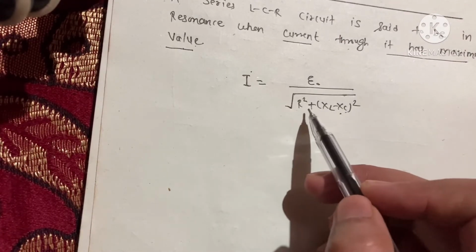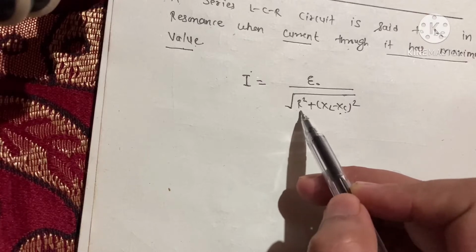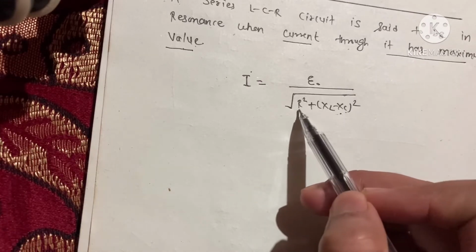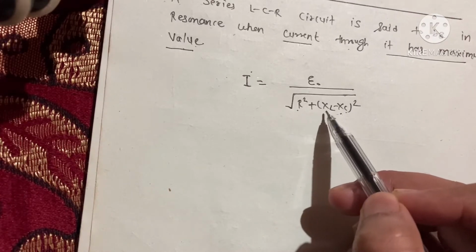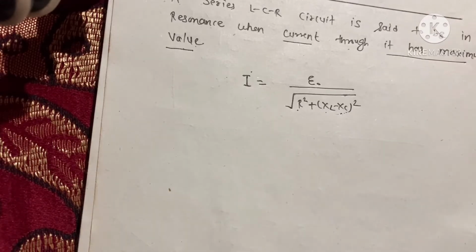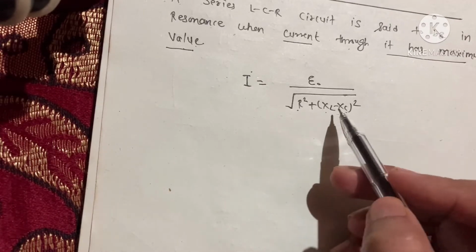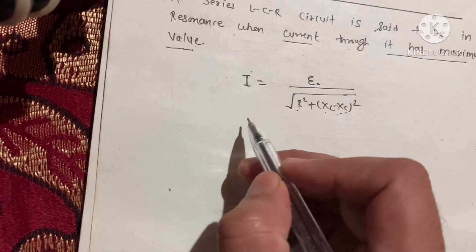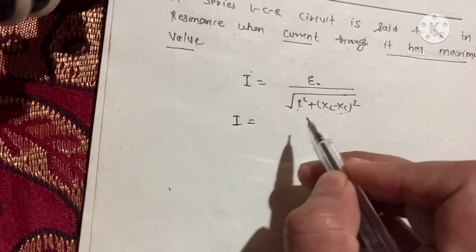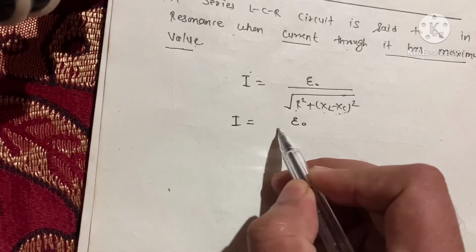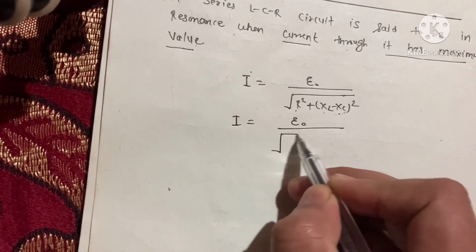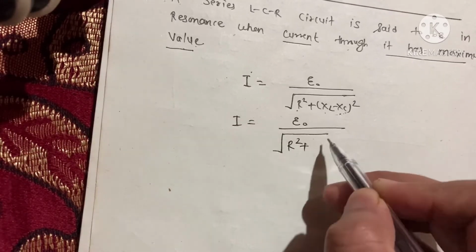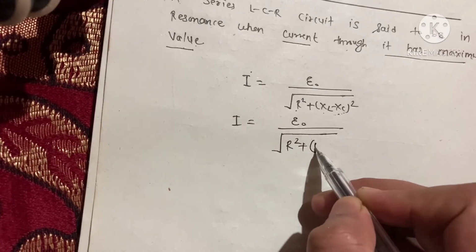But how can you make the denominator 0? It would mean making R, XL and XC all 0, but even a connecting wire has some resistance. So let me convert this equation into proper form: I is equal to E naught divided by the square root of R squared plus (XL, nothing but omega L).